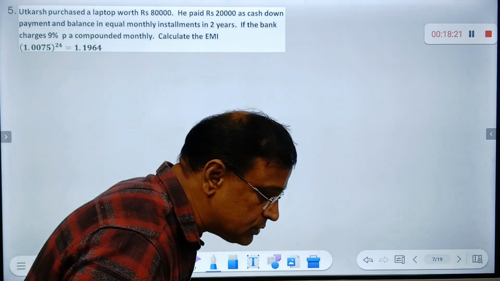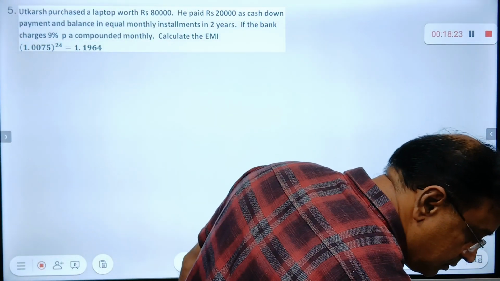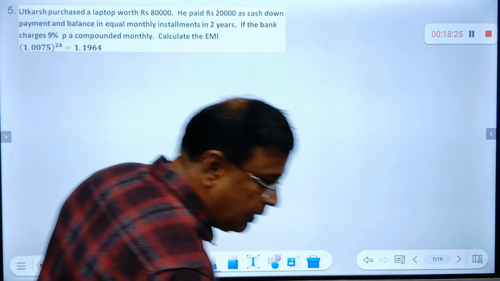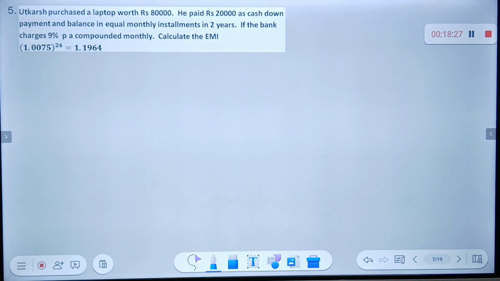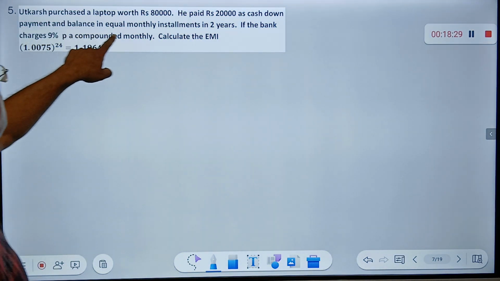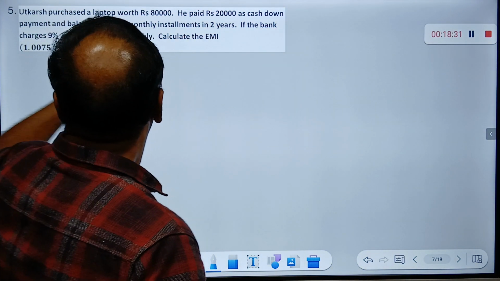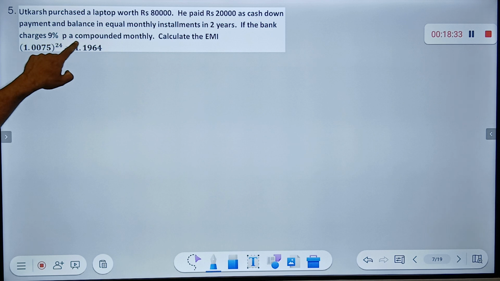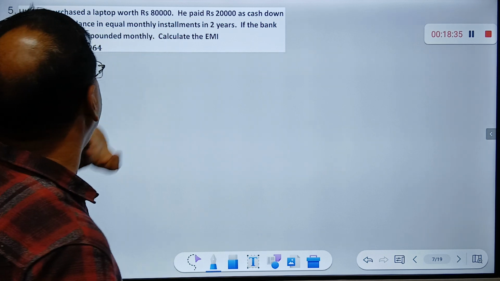He paid 20,000 cash down payment, and the balance in equal monthly installments over 2 years. If the bank charges 9% per annum compounded monthly, calculate the EMI.